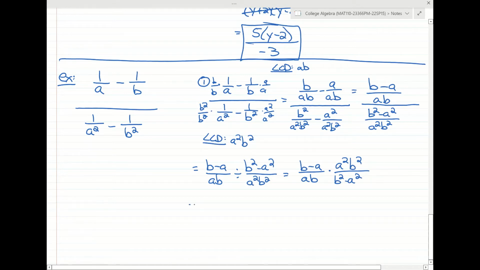And if we were to go straight across, we get b minus a times a squared b squared divided by b squared minus a squared times ab.